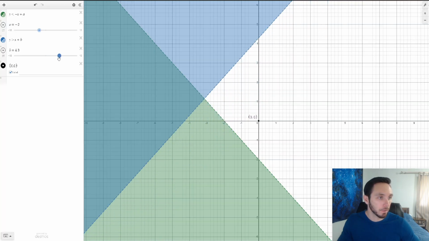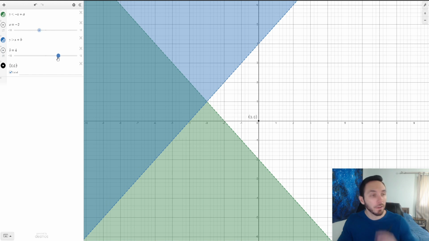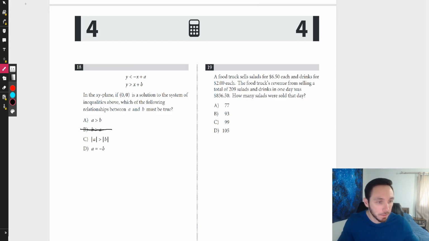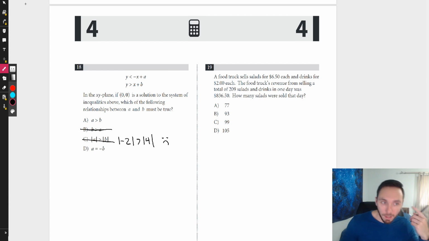No, we can't. Now we can. If I have a B value of 4 and an A value of -2, is it true that the absolute value of -2 is greater than the absolute value of 4? No. I don't like the way I crossed that out. There we go.